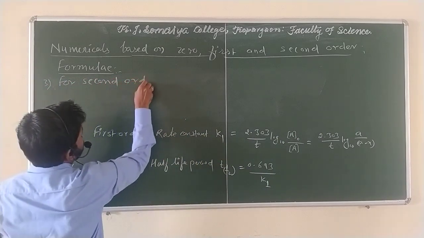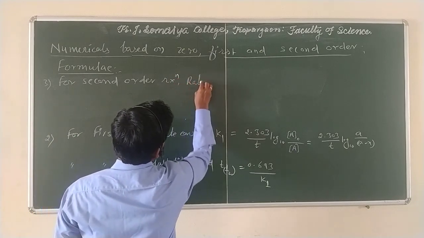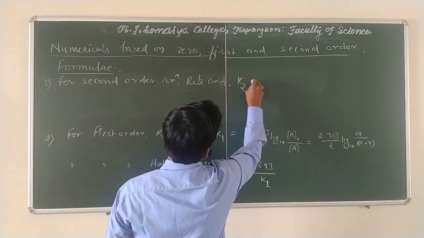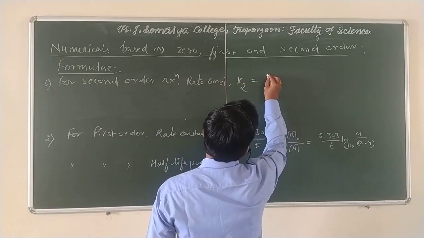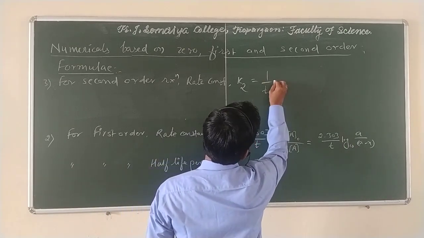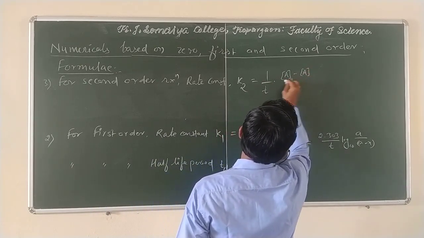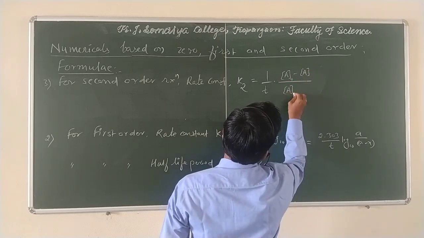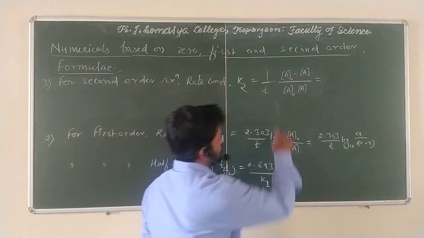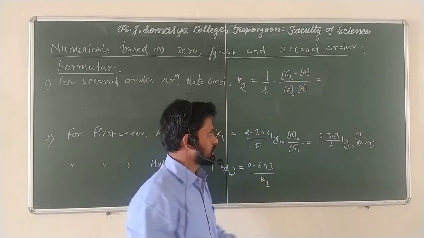For second order reaction, the rate constant K2 can be written as 1 upon T into A0 minus A upon concentration of A0 and concentration of A. After simplifying, A0 is nothing but A, and concentration of A is A minus X. What will you get?